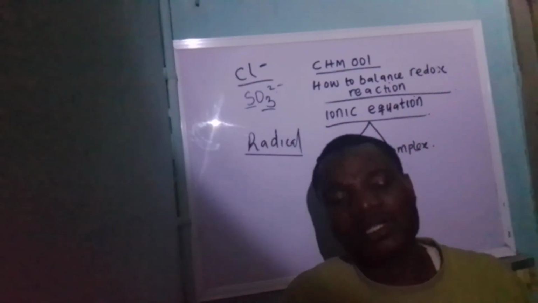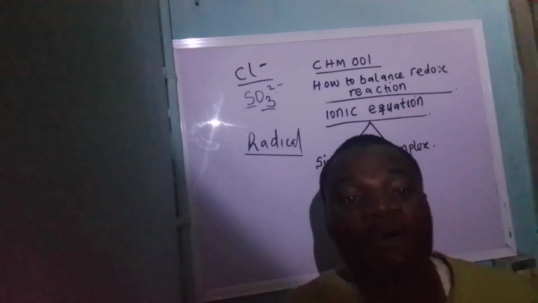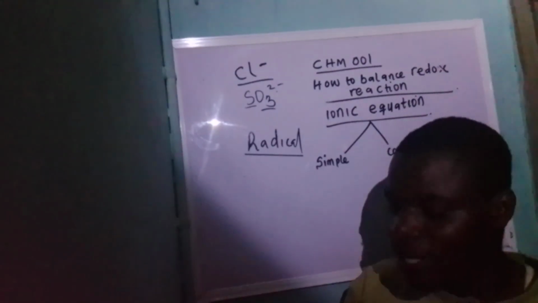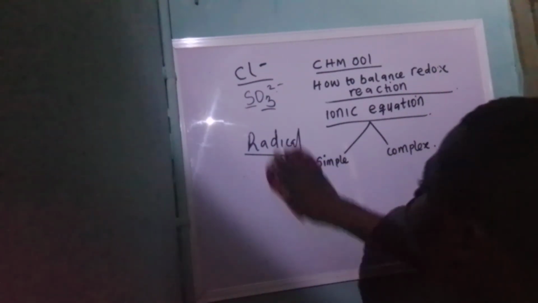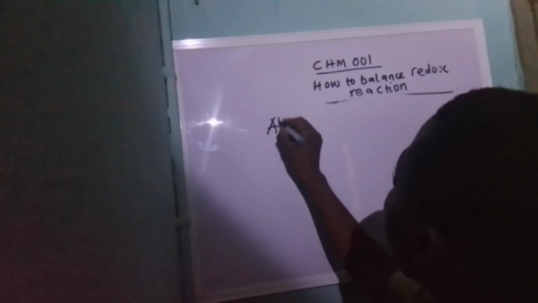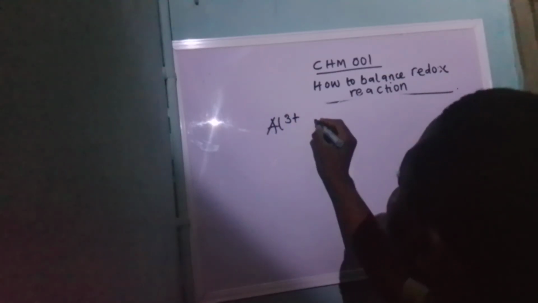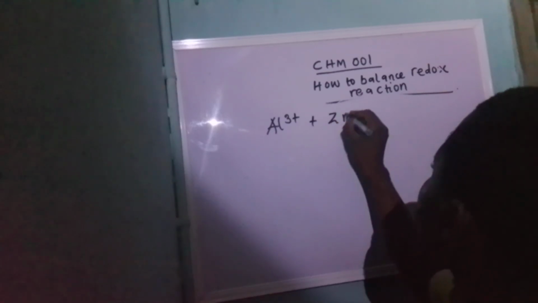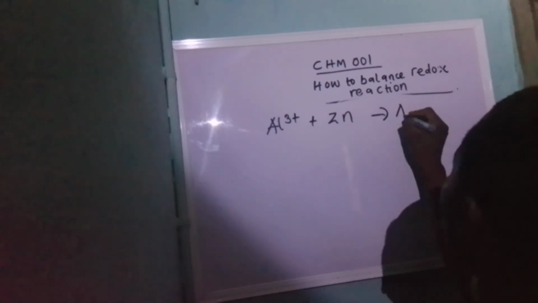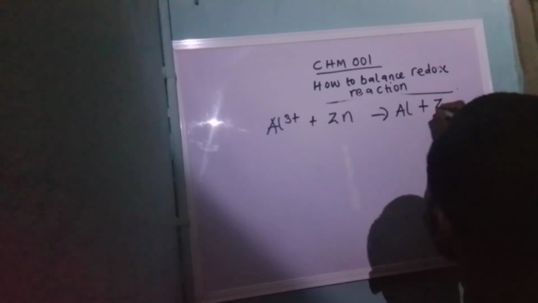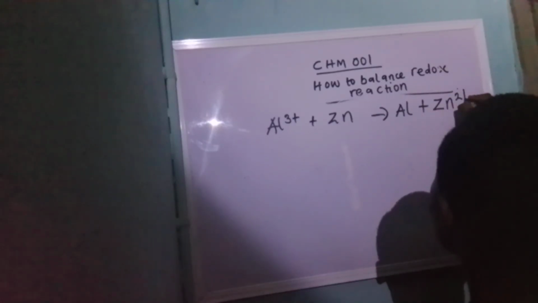Now, how can we balance a reaction in both simple and complex ionic equations? For example, we are given Al3 plus plus Sn to give us Al plus Sn 2 plus.